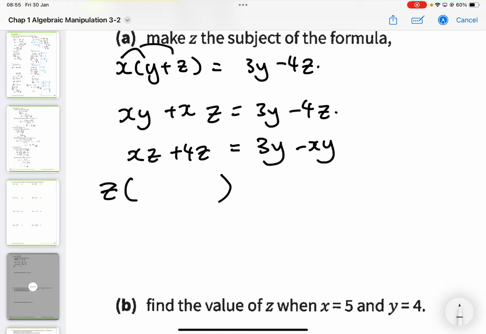And inside the bracket, I'm left with XZ divided by Z, X. 4Z divided by Z, plus 4. Then I am almost at my answer. My answer is Z on one side. But now I have Z multiplied by a bracket.